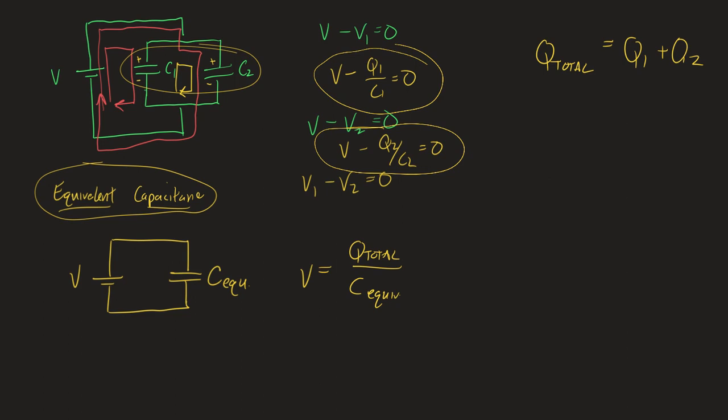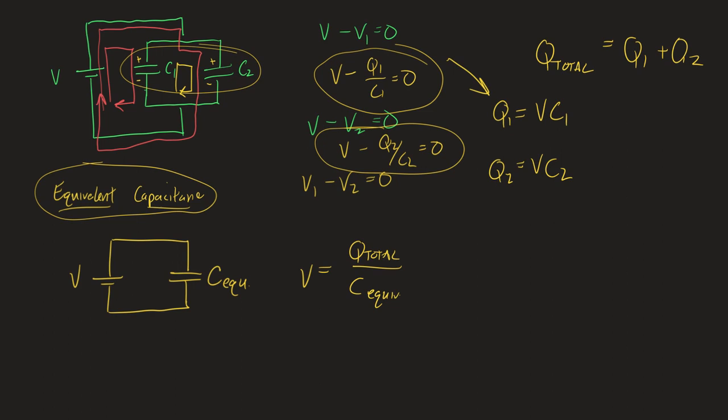And looking at what we have here, it should be pretty clear to all of you that Q1 equals V times C1. Right? That's just this. Q1 equals V times C1. And here, Q2 equals V times C2.